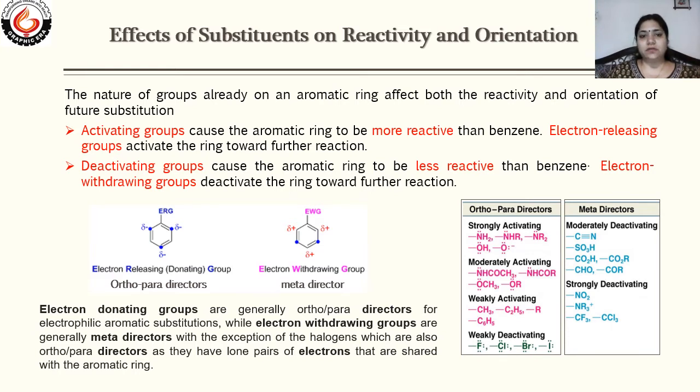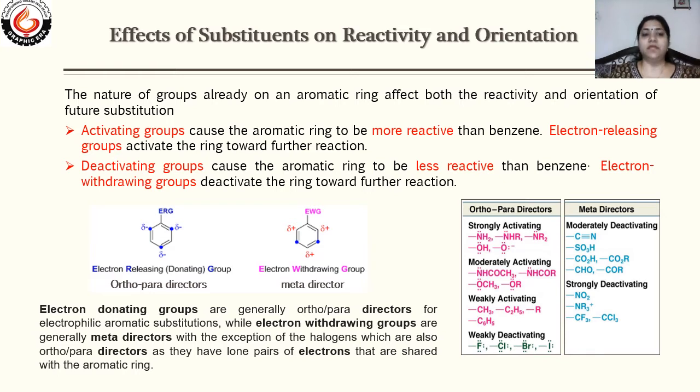These groups are divided into two types. Which groups? Which are already present in the benzene ring. So if these groups are present on the benzene ring, these groups can be divided into two types. First is activating groups. Activating groups cause the aromatic ring to be more active.